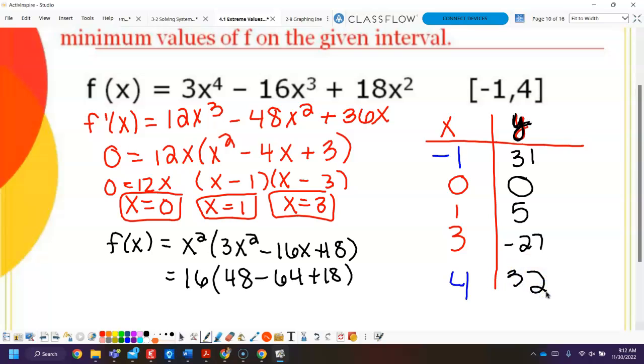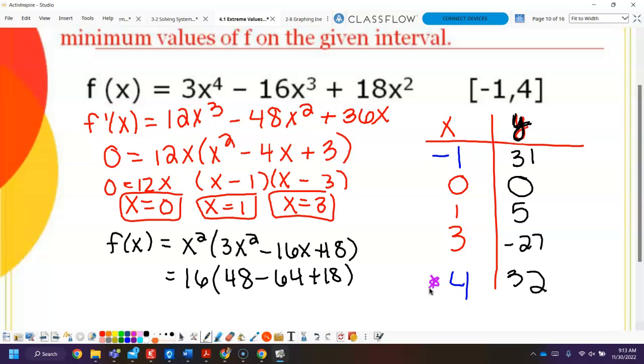So what you should notice is that one of my critical points is an absolute, but one of my endpoints is an absolute. So that's why it's so important to check your endpoints, and it should make sense. Like that 4 is the absolute. What do you know about that even function, right? I said it increases indefinitely.